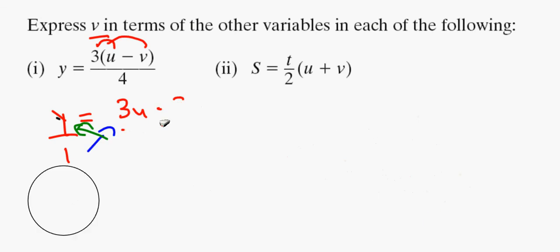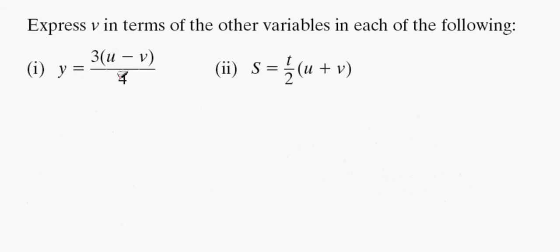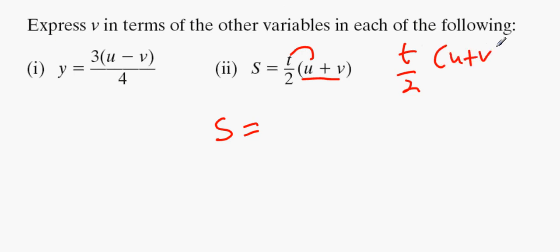Next question after this. s equals t over 2 times u plus v. Multiply the t, so that's basically t over 2 multiplied by u plus v. The u plus v is on top, so it's top by top, bottom by bottom.